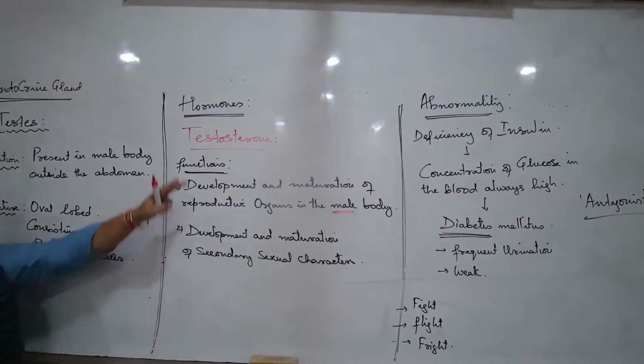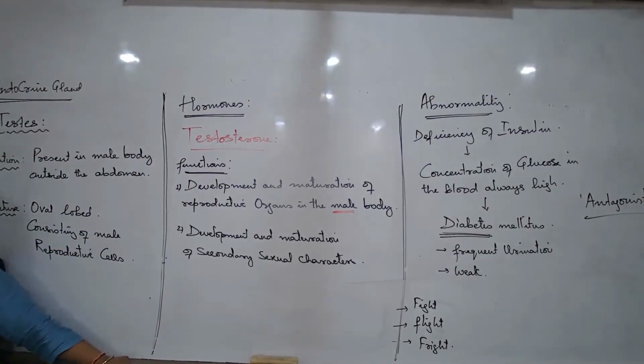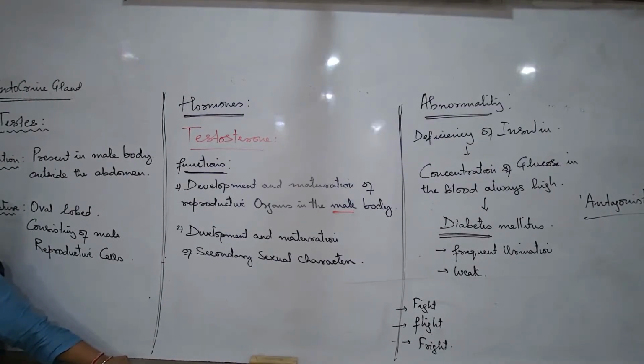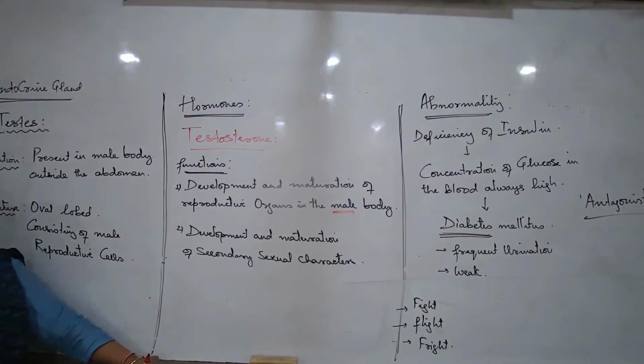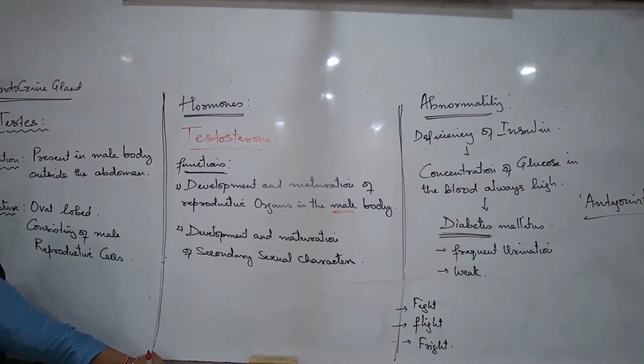Since the male body has testosterone, the male body is supposed to have voice which is heavy and hoarse. So if I talk about these characteristics, is it determining the male body when I say profuse hair and beard and mustache and wider shoulder? Yes, it describes a male body.